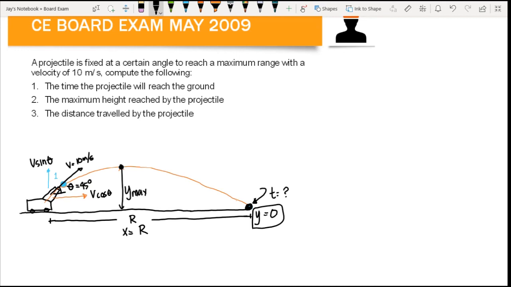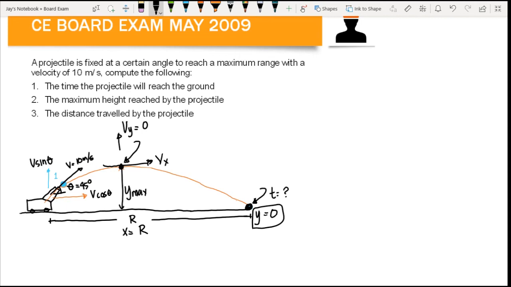Now take note, at this point, the object will stop before it goes back to the ground. So that means at that point, the vertical component of the velocity, vy, is equal to 0. Okay? So we will only have horizontal velocity at that point. So we have here vx.